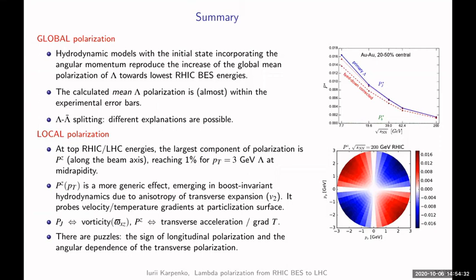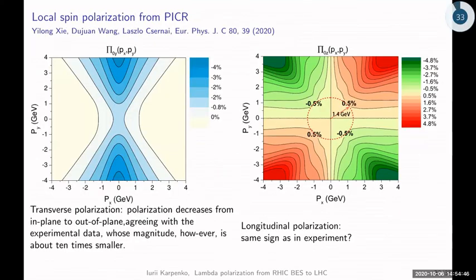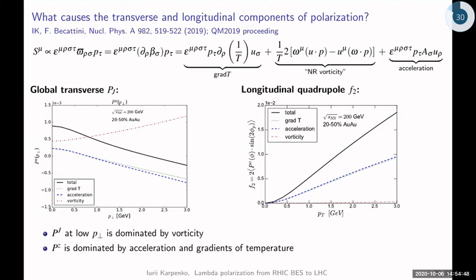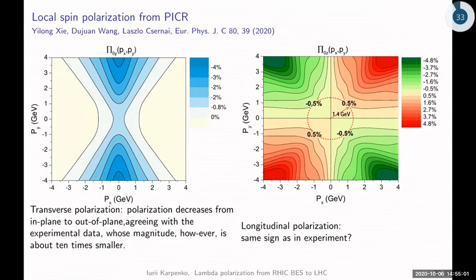About the local polarization, it seemed that the temperature gradient part plays some role, as we found. If you choose the spin chemical potential as the T vorticity, then you do get the right trend and the magnitude.